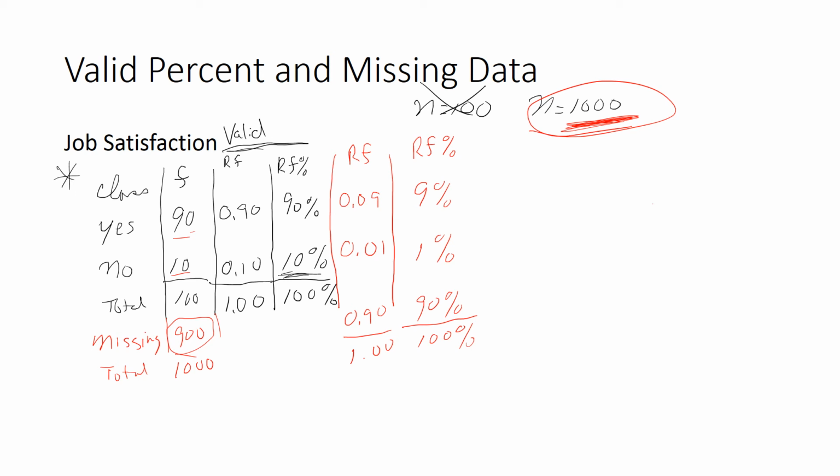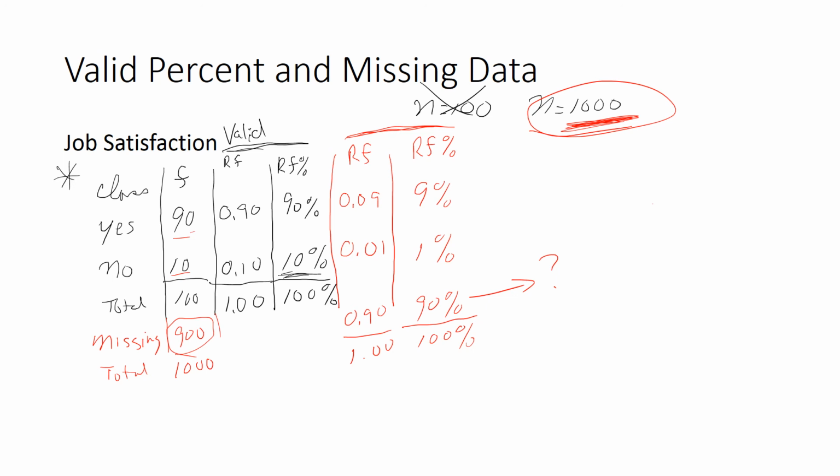This is what we actually know. We have information here, and we call it valid because this is what we know. We have the receipts on this. The other stuff, with the missing, this we don't know. We don't know exactly. Why is it? This over here, why is 90% not responded?